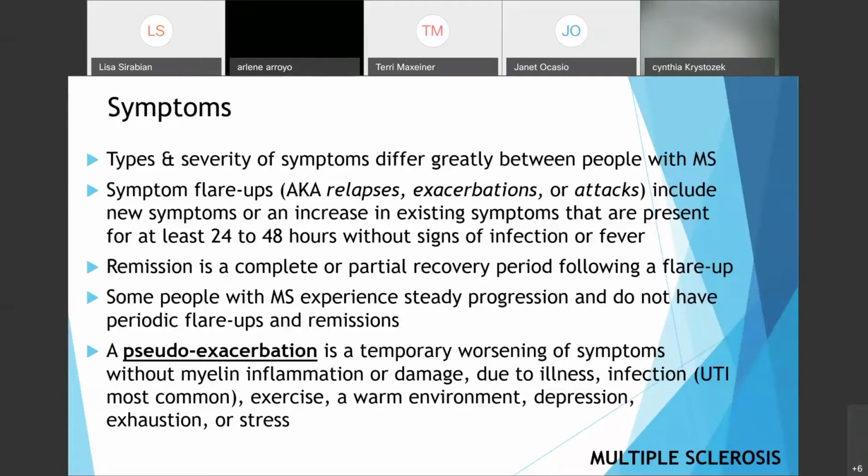What we're saying is that a person who has MS can begin to experience what looks like a flare-up, but really it's related to something else, like an illness or an infection. That's why it's important to distinguish at the top symptoms that are present for at least 24 to 48 hours without signs of infection or fever. We're trying to differentiate a true symptom flare-up, which we treat one way, versus a pseudo-exacerbation, where we need to treat the underlying cause.